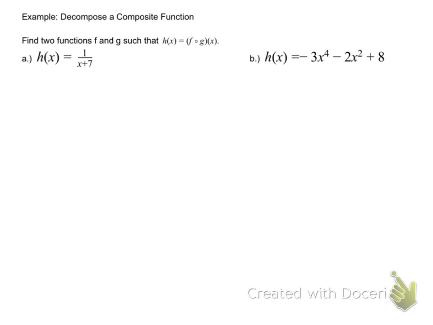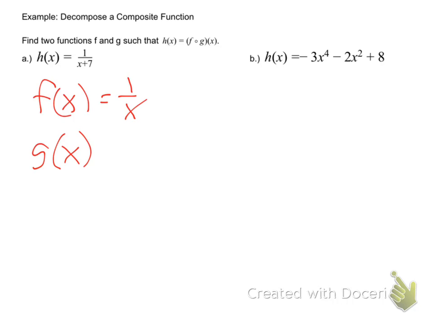Take a look at the h of x there. I want an f composite g of x. I need an f of x, and I need a g of x. Where f of x is my outside function. So look at 1 over x plus 7. That really looks like what kind of function? What would be the parent function to something like that? 1 over x.